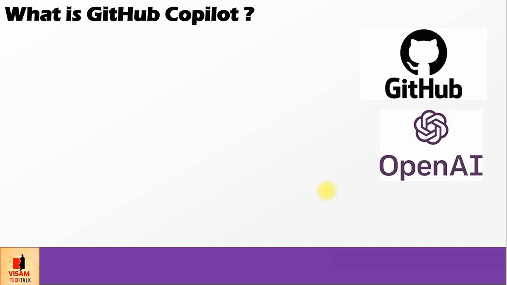Now, OpenAI is an American artificial intelligence research laboratory which is developing various artificial intelligence models and tools. These two companies jointly developed an artificial intelligence tool called GitHub Copilot.